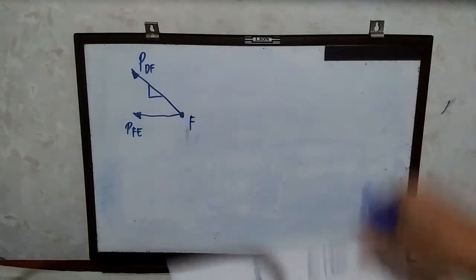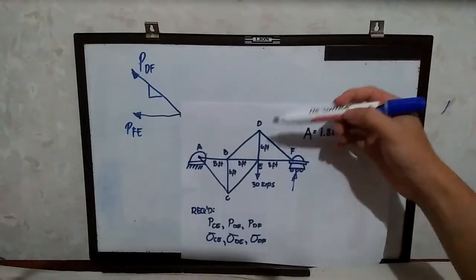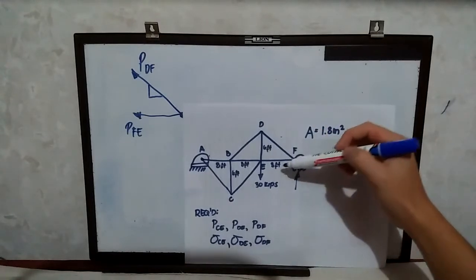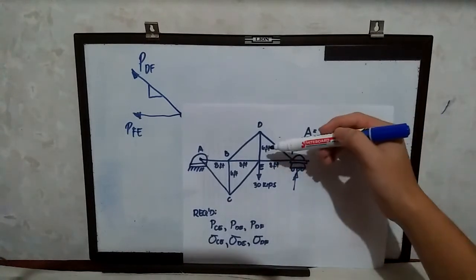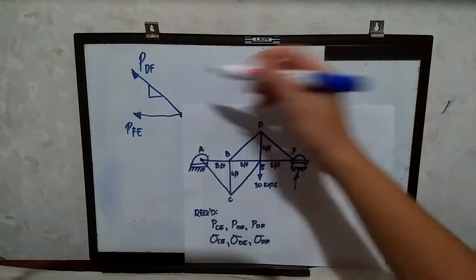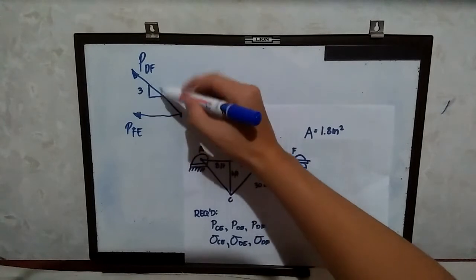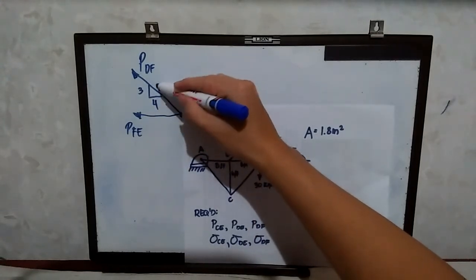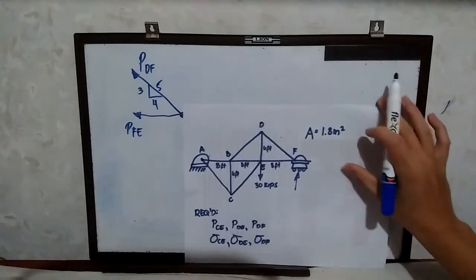If we go back to our free body diagram, the height is about 6 feet and the length is about 8 feet. Reducing 6 and 8 to lowest terms gives 3/4. This one is 3, this one is 4, and applying the Pythagorean theorem, the hypotenuse is 5.